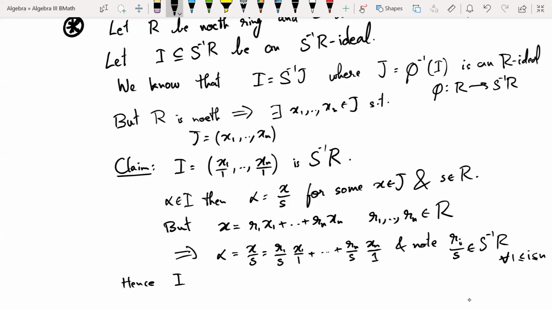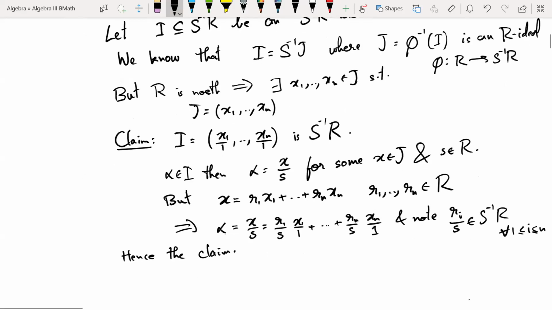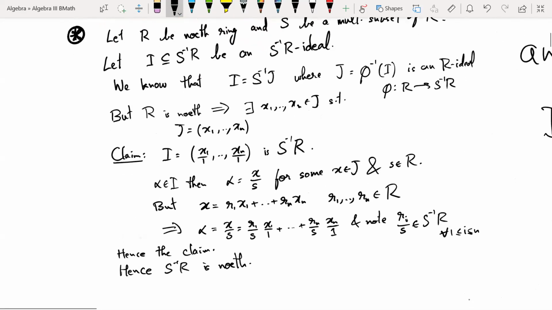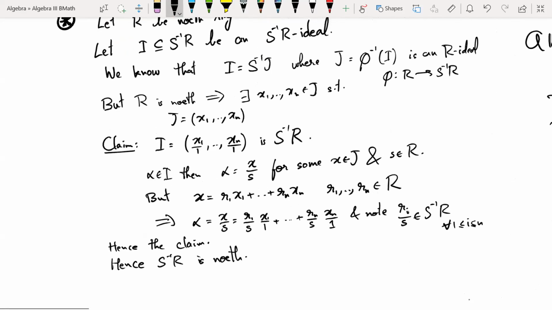Hence the claim, and from there we get that S inverse R is Noetherian. So for localization there is some calculation, but for quotient it is even more trivial.